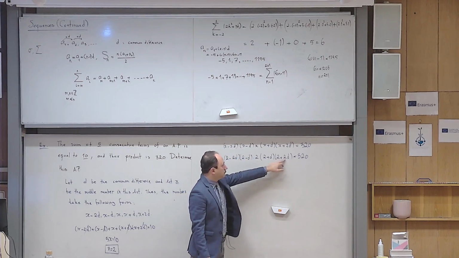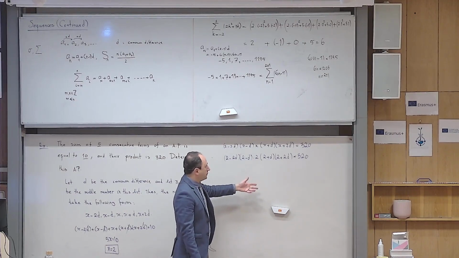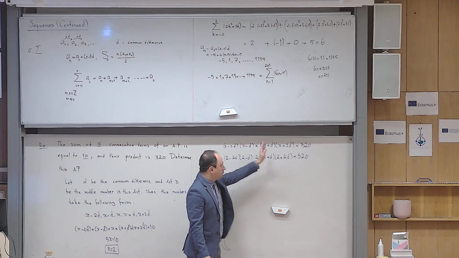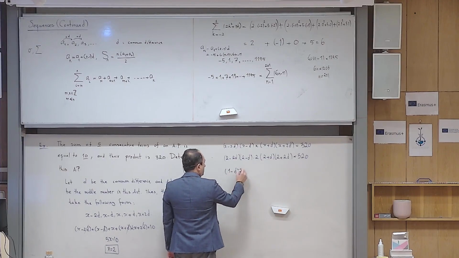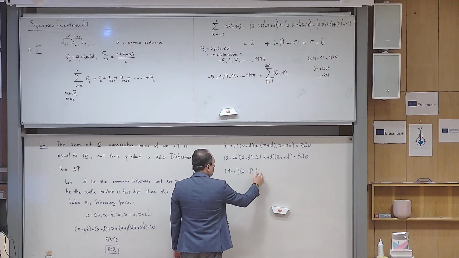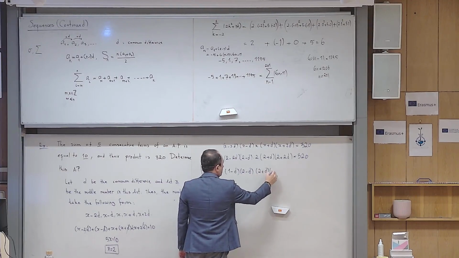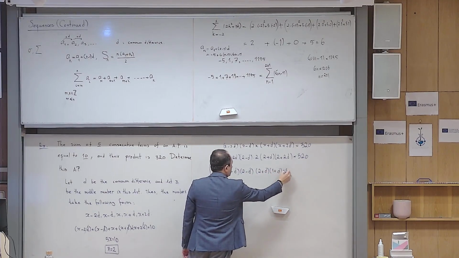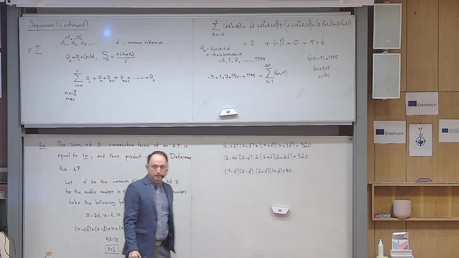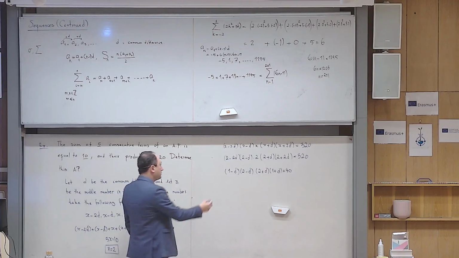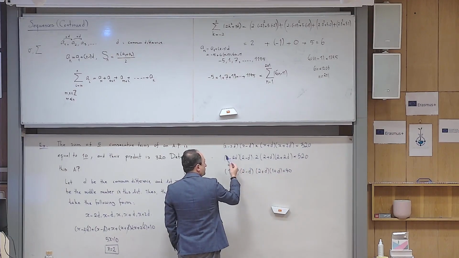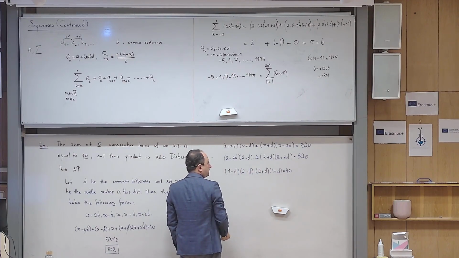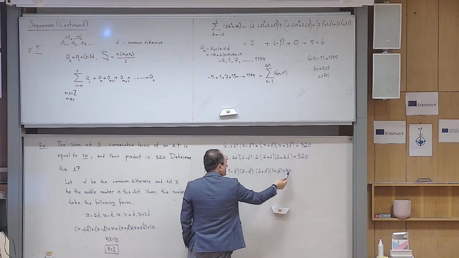I can also factor a 2 here, it gives me a factor of 8. So then I divide everything by 8. So the left-hand side becomes 1 minus D, 2 minus D, 2 plus D, and 1 plus D. On the right-hand side, I will have 40. Is that right? So I factor the 2 out, and the other 2 is here. So 2 times 2 times 2 is 8. And then I divide this by 8, it becomes 40.